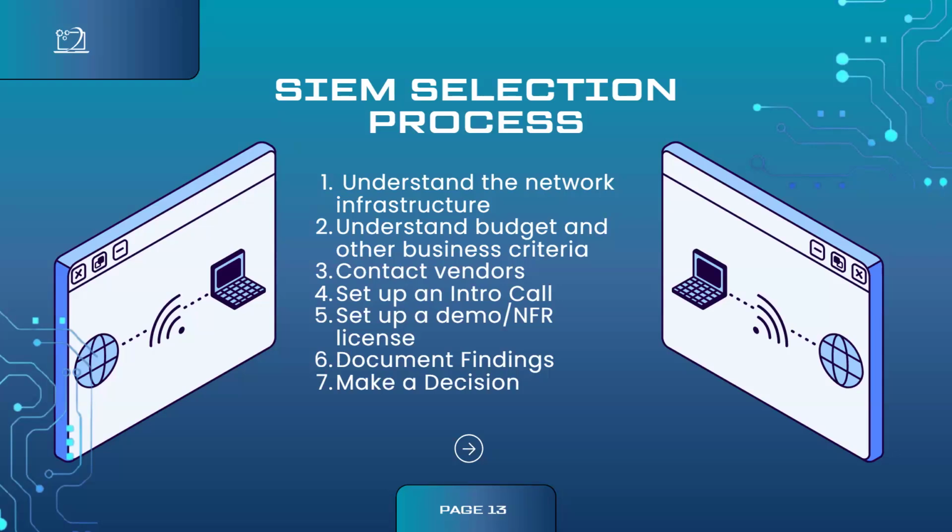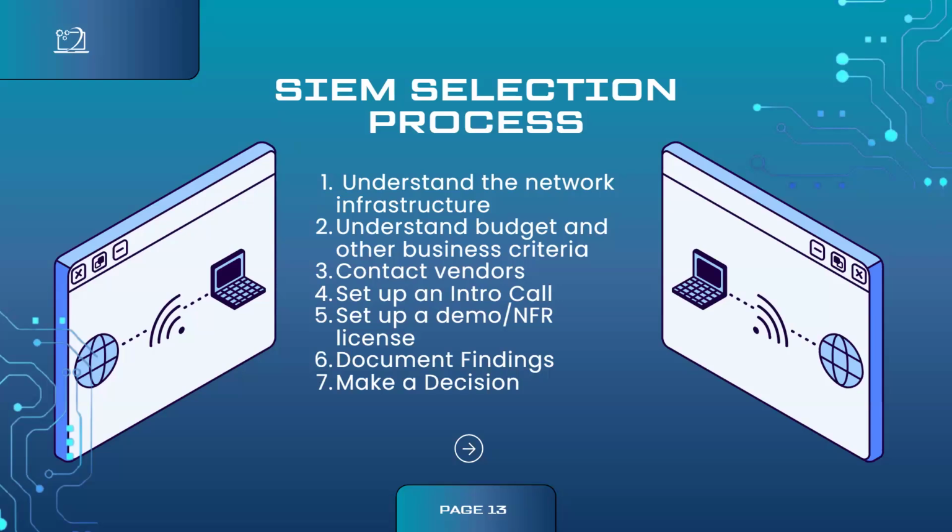So I'm at stage 3. This is kind of where I start. I mean, after all my research, this is where I start. I have to set up an intro call. So once I have a contact with somebody that tells me that they work for the SIEM, then I have to set up an intro call with them, which is usually like 10 to 30 minutes.